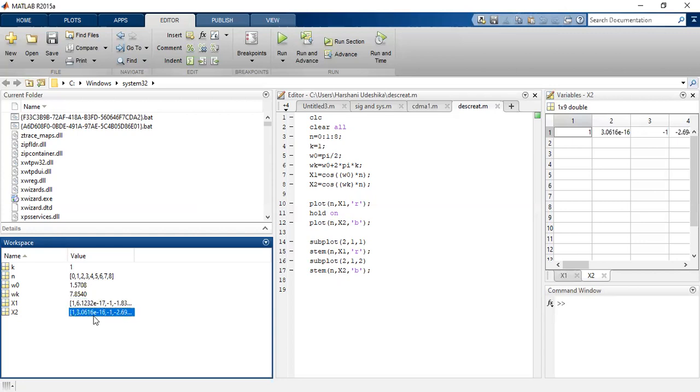Understand that this very small difference is only in very few decimal places. It happened due to approximation.